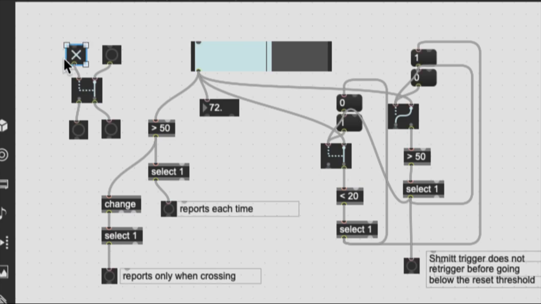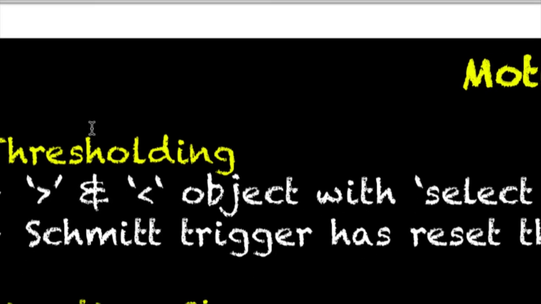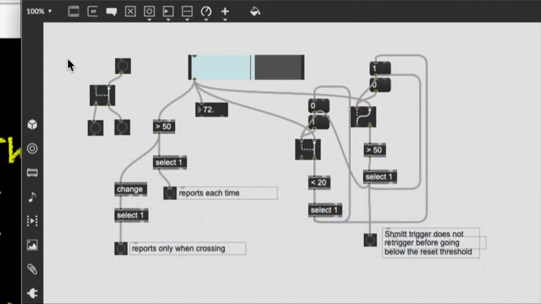So toggle is just sending zeros and ones. I can potentially make this even more clear if I actually send it zeros and ones. Here's zeros, here is ones. So that's how it works. Okay, so with those three objects, a gswitch, conditional, and a select one, I can make a Schmitt trigger.